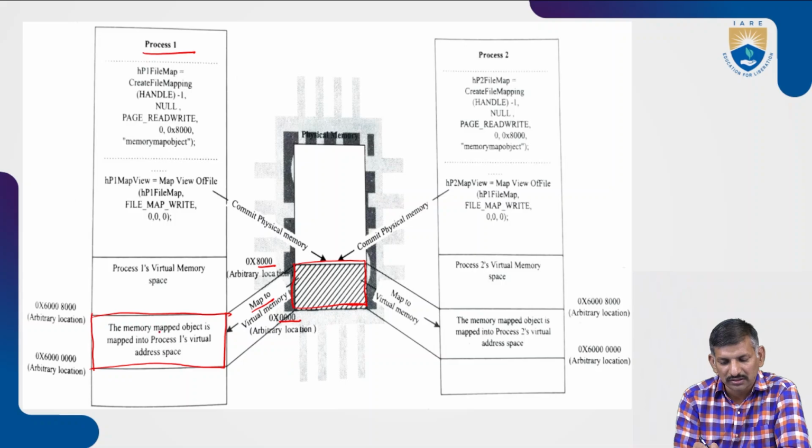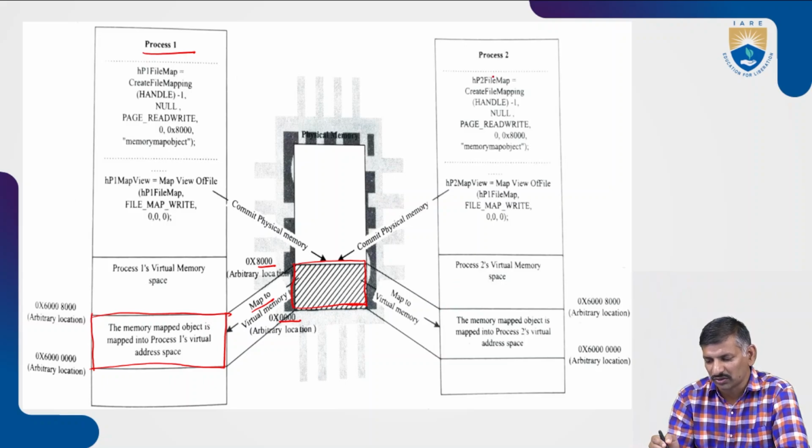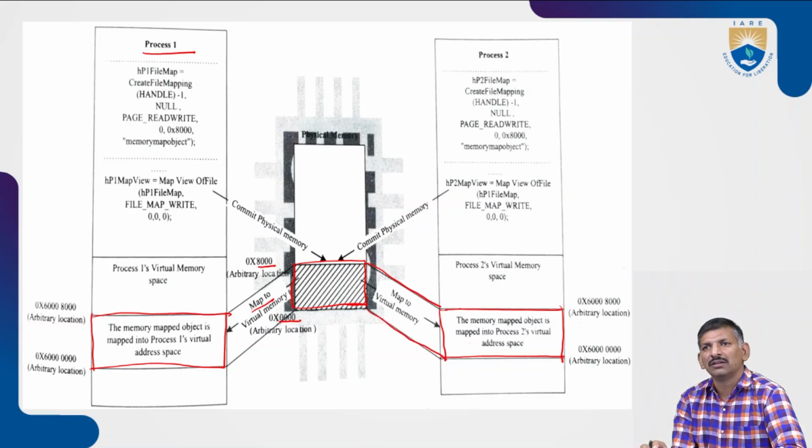So if it wants to write the data, it writes the data. And the process which wants to read the data maps its memory space to the physical memory.